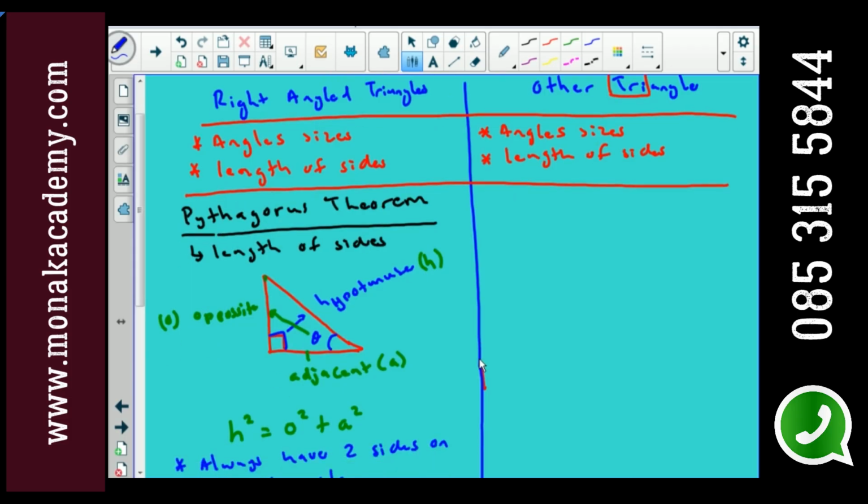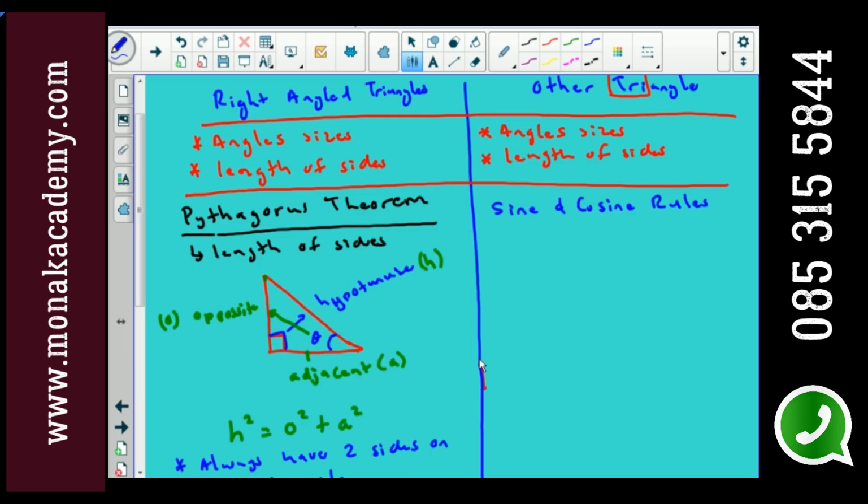Okay, so when you are given other triangles which are not right-angled triangles, you use two rules, the sine and cosine rule. So again, sine and cosine rule, they are used to calculate the length as well as the angles.